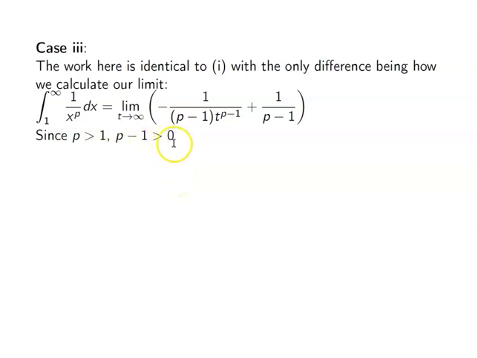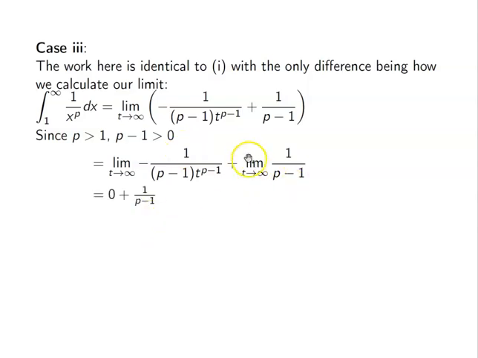p minus 1 is still larger than 0. So these are t to positive values, which means that the denominator grows very, very large. And if the denominator grows very large, the entire value goes to 0, getting smaller and smaller. So this first part goes to 0, and the limit of this is just a constant, 1 over p minus 1.